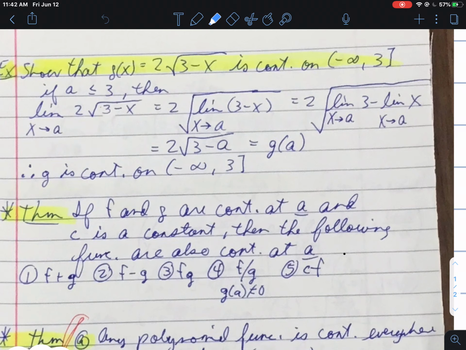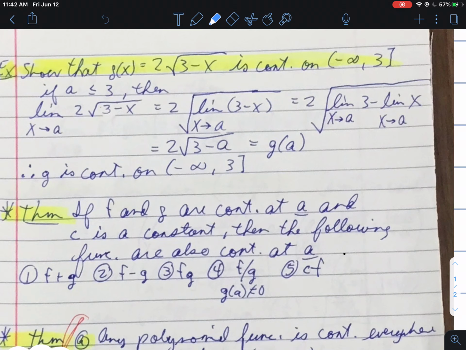We're showing that our function g of x equals 2 times the square root of 3 minus x is continuous on the interval from negative infinity to 3 inclusive. We're showing it, not asking it. So we want to prove that this is a true statement.